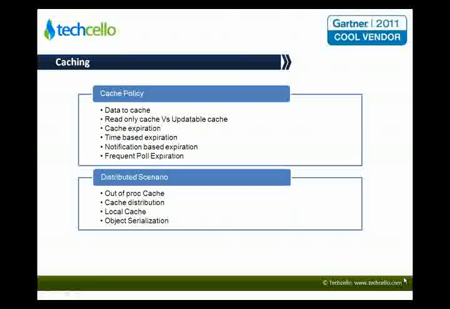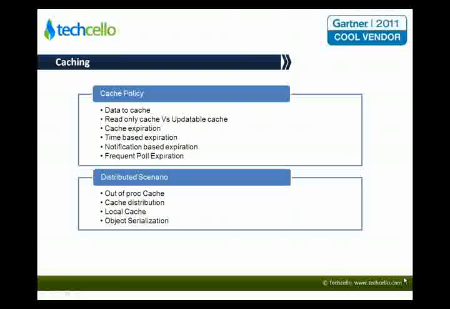So the good news is you don't have to do all of these by yourself. There are good products or good blocks available that help you in doing it. For example, if you take .NET, there is a huge support for it from Windows itself. Like Windows AppFabric Cache is something that you can use, which is distributed in nature.